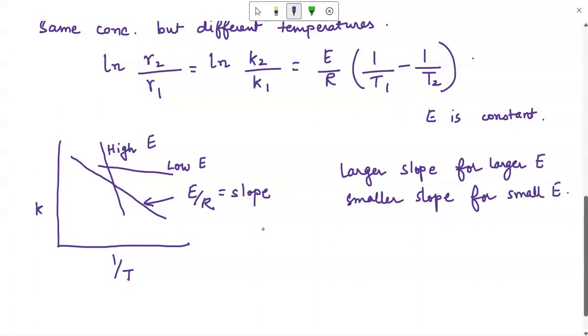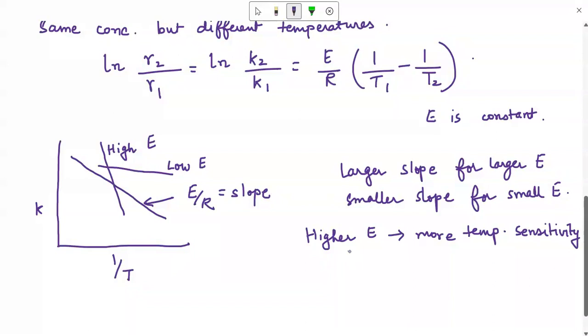Now if you have a reaction with high activation energy, then you must know that higher E relates to more temperature sensitivity. So your reaction becomes more sensitive to slight temperature changes.